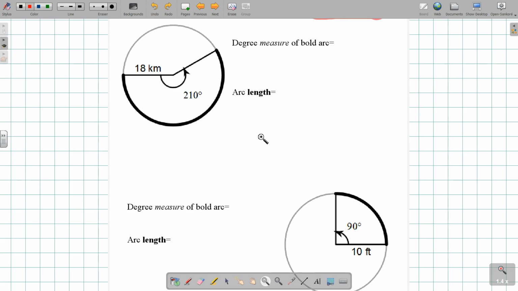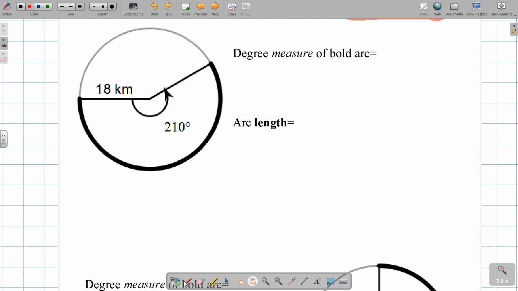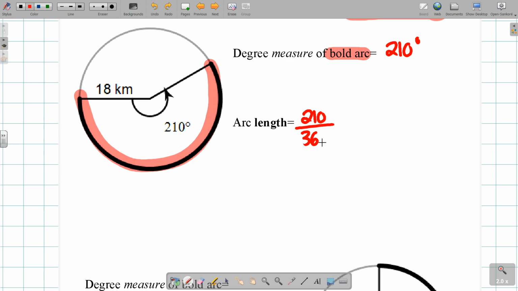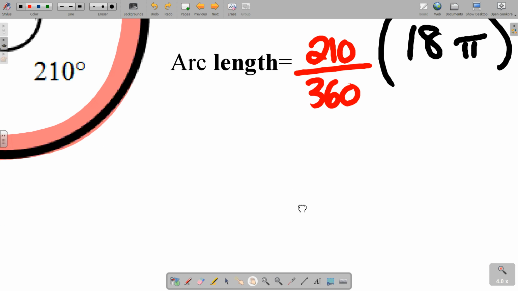Welcome back. All righty, so here, first I want the degree measure in bold, and that is simply 210 degrees. The arc length is going to be the fraction of circumference, which is 18 pi. You should have reduced this as far as you can.